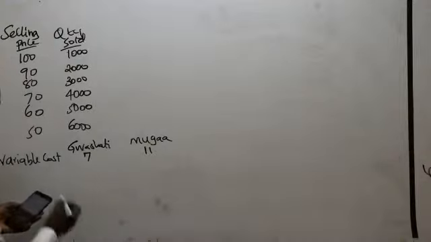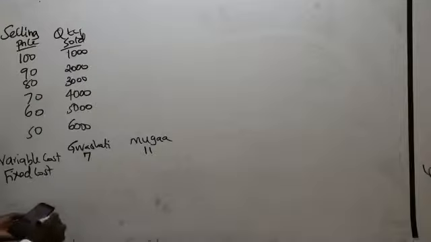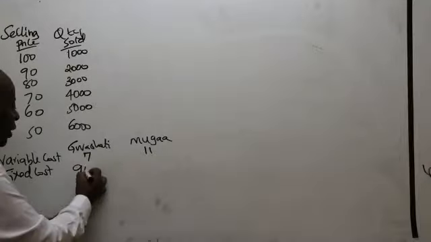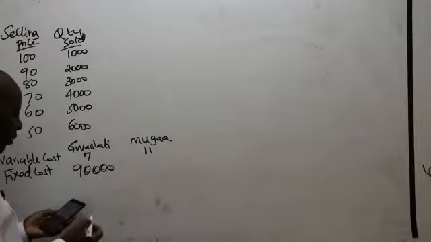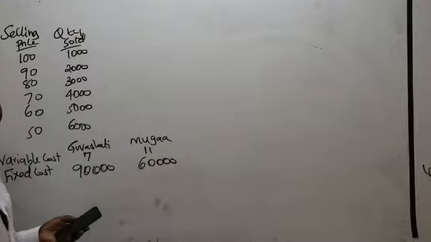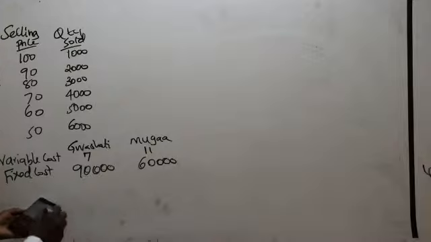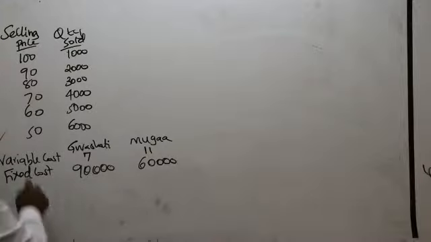And then we have fixed costs. Fixed cost for Guashati is 90,000, and for Muga, 60,000. And then we have a transfer price. This is a separate note.